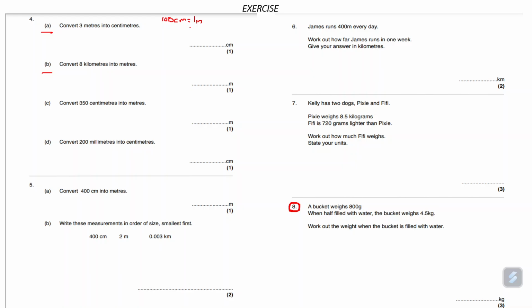You can make reference to that. With constant practicing, you get used to it. So in this case, we'll say 100 centimeter is equal to 1 meter. So if you are converting from centimeter to meter, you divide by 100.